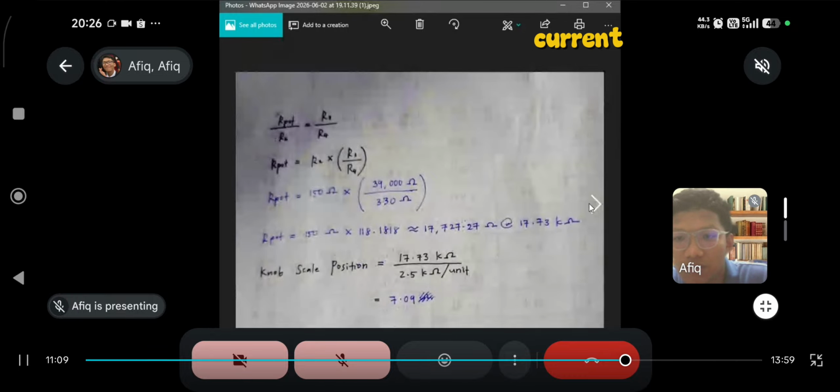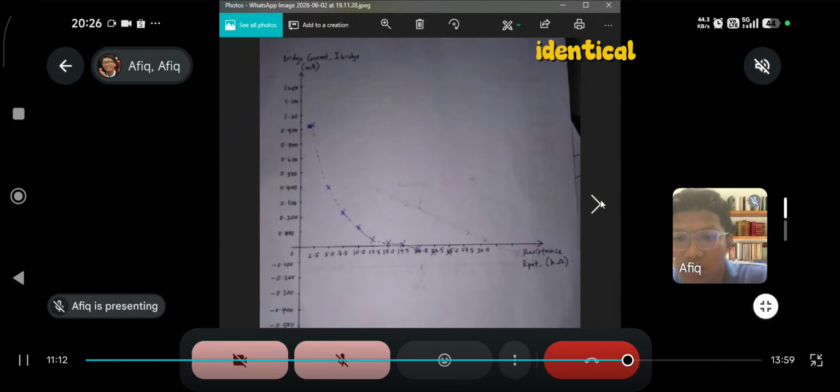The bridge current versus resistance curve follows an identical trend, dropping from positive 0.926 milliampere until it intersects the horizontal axis at exactly 0.0 milliampere.